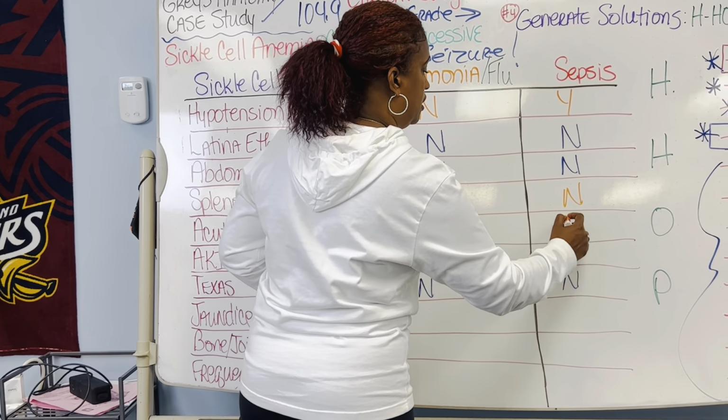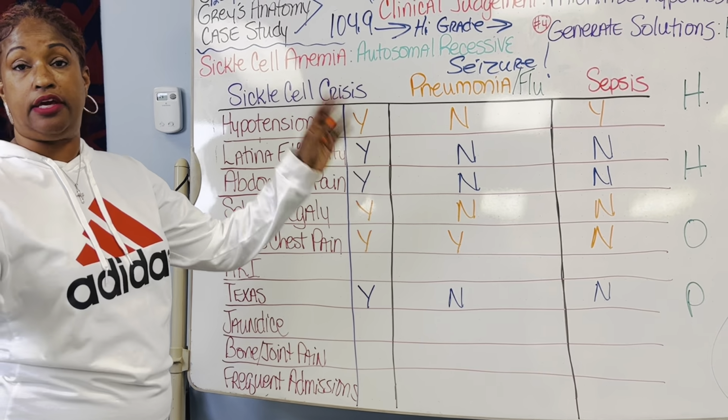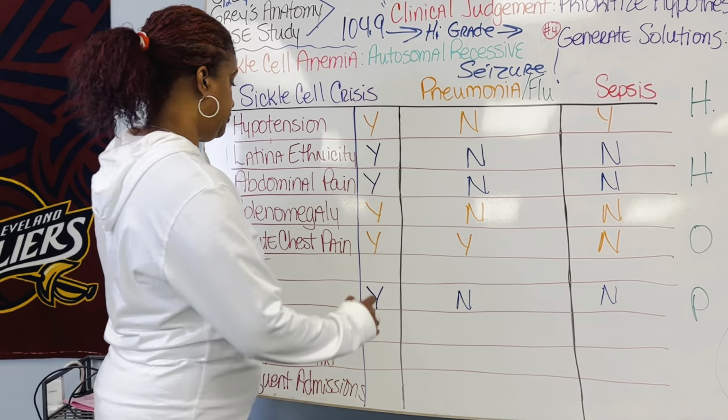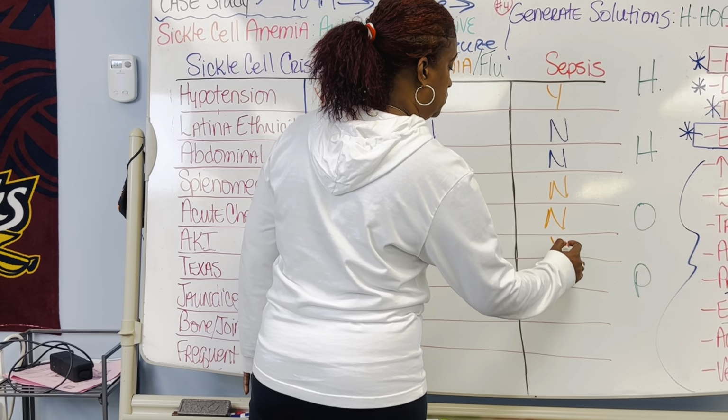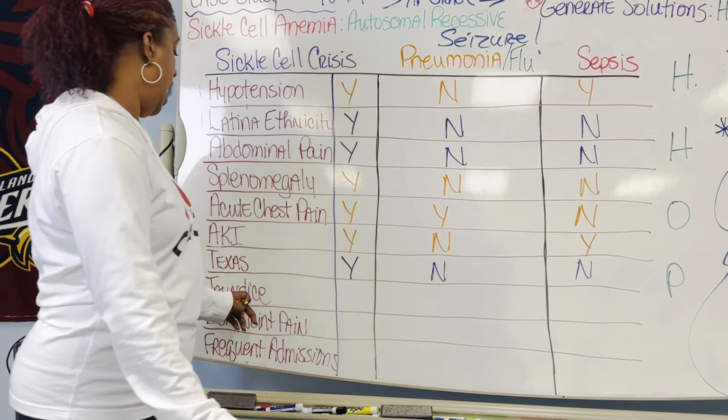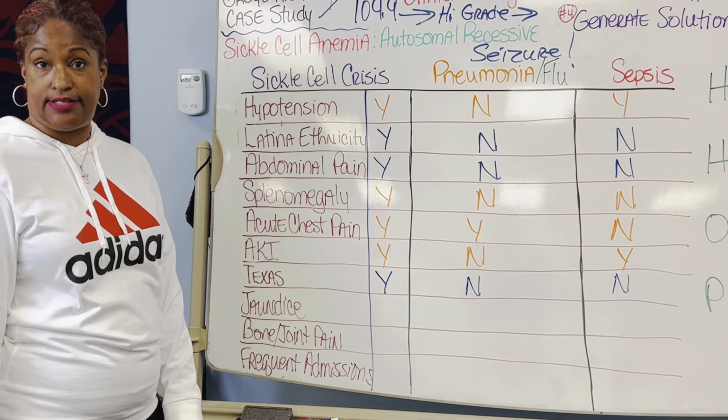No. How about acute kidney injury, where your kidneys just said, I'm done? Yes. No. Yes. How about jaundice? Would you ever see that with sickle cell? Hell yes. Pneumonia? No. Sepsis? Oh no. Bone and joint pain? Yes. No. No.